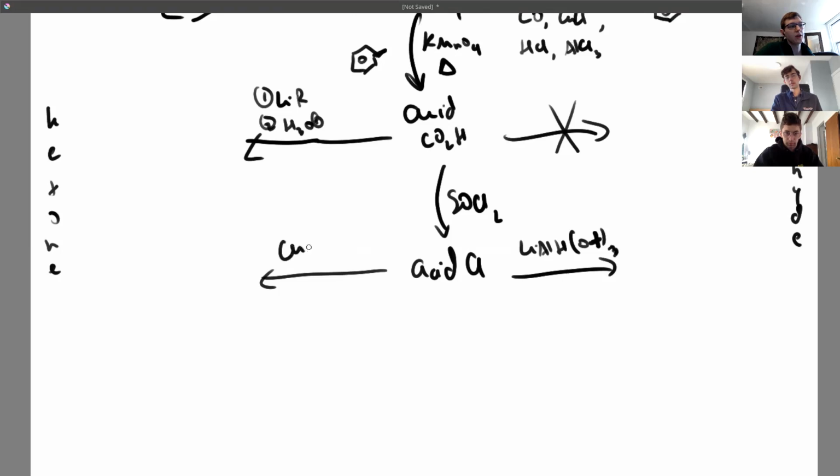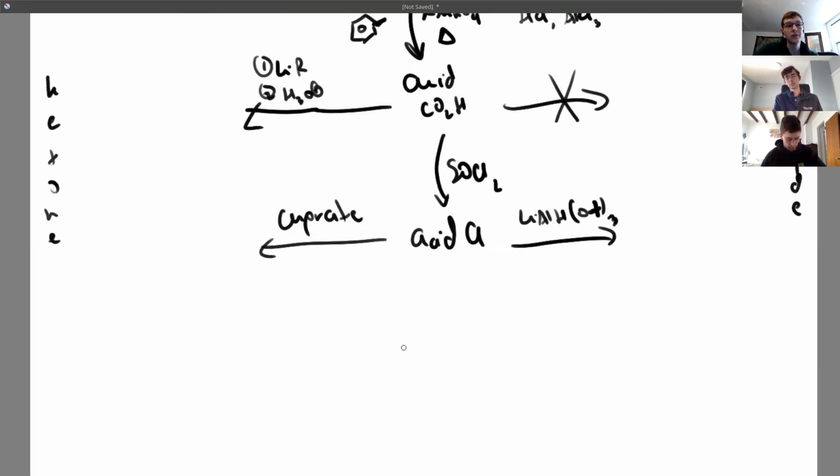So here you want to use a cuprate, otherwise sometimes known as a Gilman reagent. Cuprates are nice. They'll only attack once. They'll attack acid chlorides because acid chlorides are really reactive, but ketones are not reactive enough, so they won't attack there. So that's good.